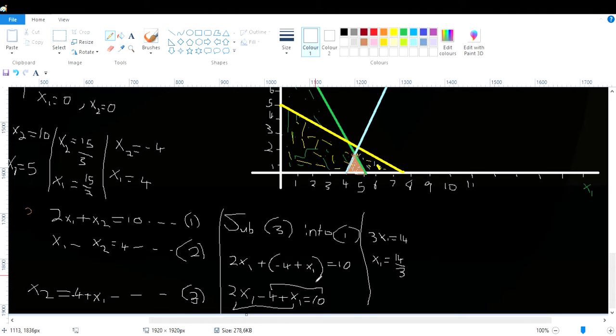Then let's substitute in equation 3 to find x sub 2. So x sub 2 is equal to minus 4 plus 14 over 3.